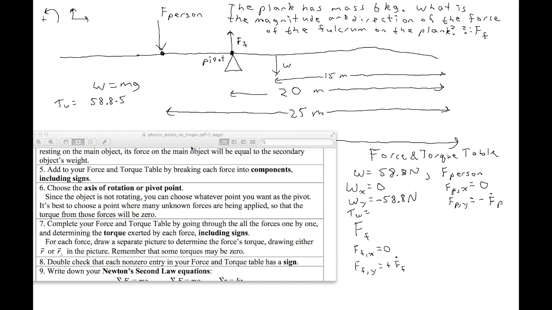And then that would be a clockwise torque. So that would be negative 294 newton meters.